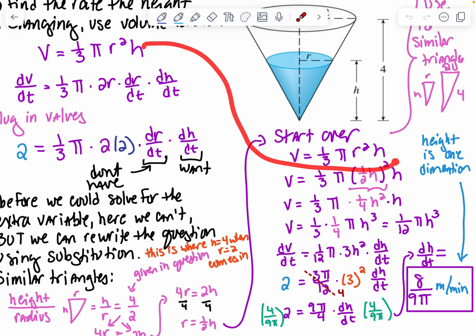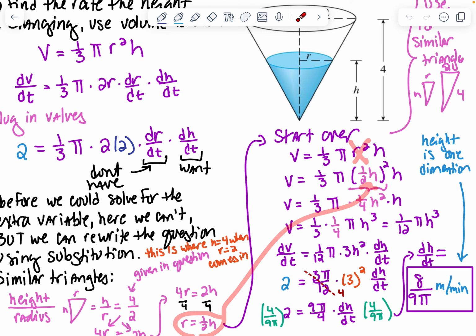So I'm going to go back to my original function, and instead of using R, we're going to use the fact that R is 1/2 the height. But don't forget, R was squared, so 1/2 the height needs to be squared, giving me 1/4 h squared. A lot of people accidentally just put 1/2 h squared, but the 1/2 also needed to be squared.